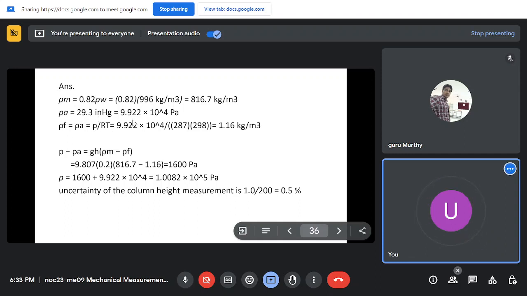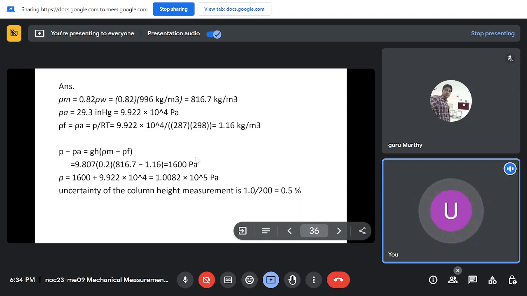So the density is P by RT from the ideal gas relation. P is the atmospheric air pressure we calculated, 9.922 into 10 power 4, divided by R, which is 287, into temperature, 273 plus 25, 298. So on substituting, we get 1.16 kilogram per meter cube.